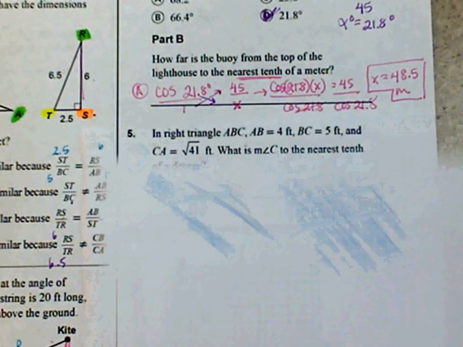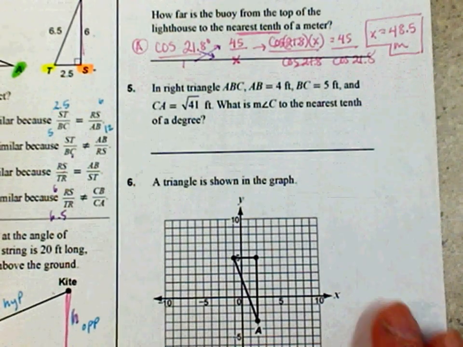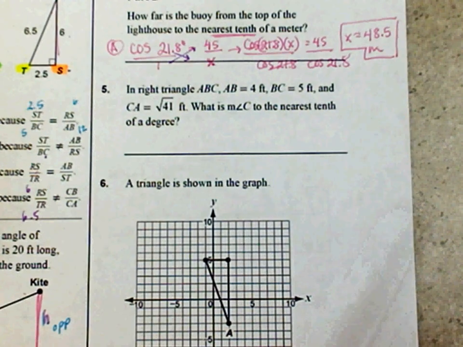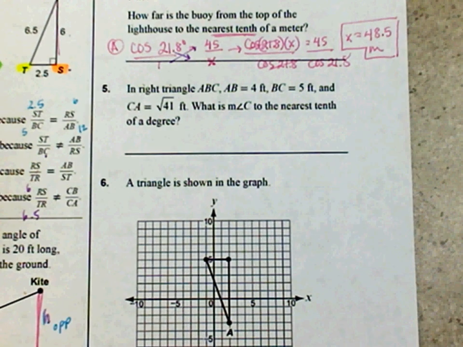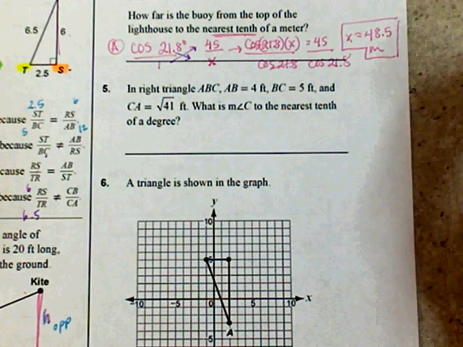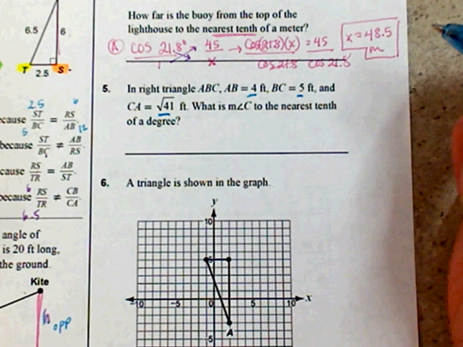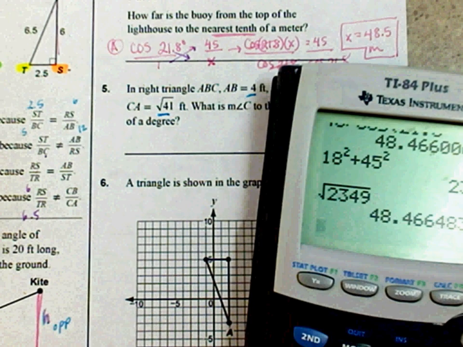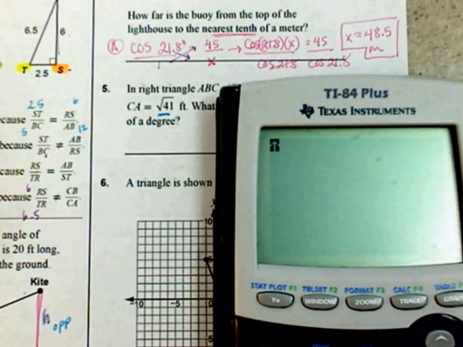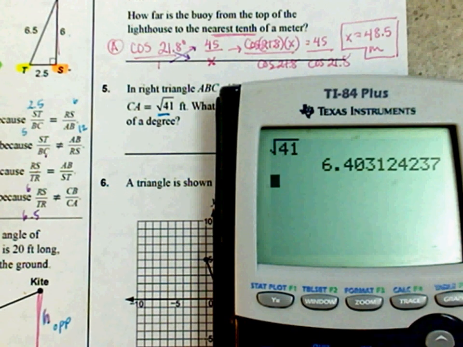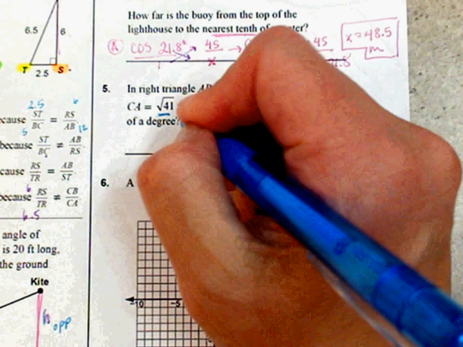Okay, let's look at number 5. In right triangle ABC, you got a 4-footer, a 5-footer, and a square root of 41. Well, let me see what a square root of 41 is, so that way I need to know if it's a hypotenuse or not. That's 6.4. Very good. Okay, that helps me a lot. So now I can draw.